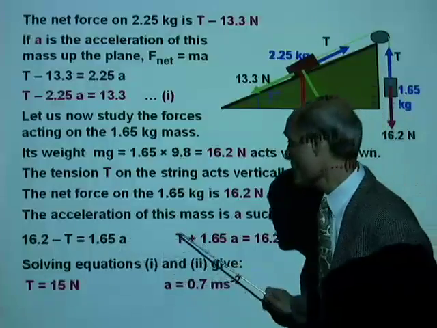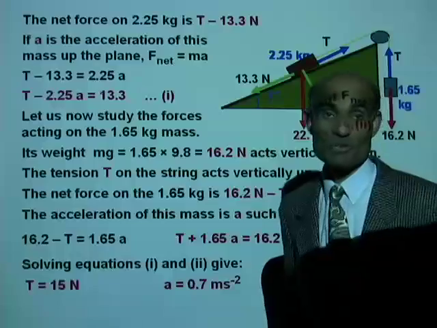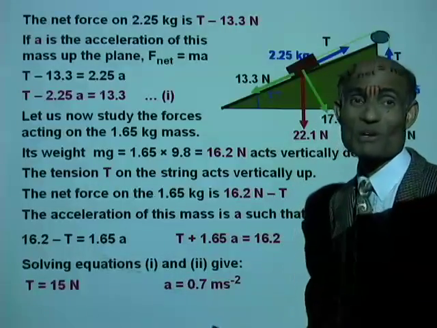If anybody has any problems solving these equations, let me know. I'm sure you will have no trouble.